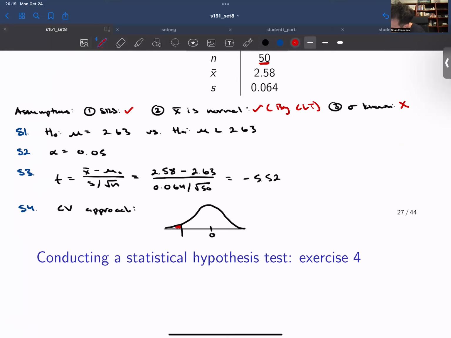And this area is going to be of size 0.05. That means our critical value for this test is negative t alpha, comma, n minus 1. So this is going to be negative t 0.05, comma, 49, because we have 50 observations.